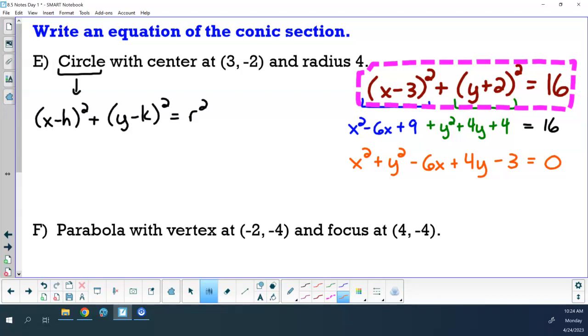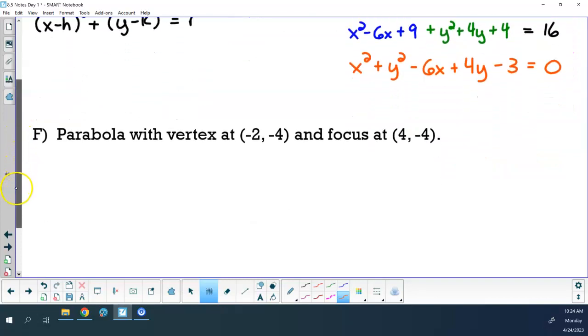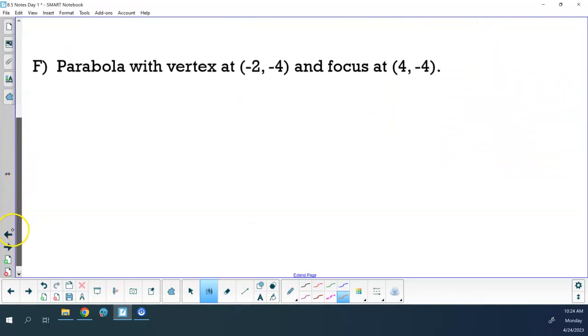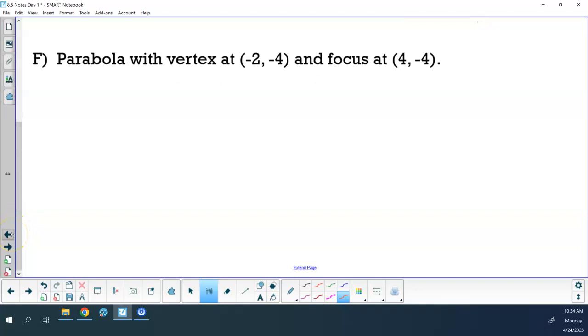So with that being said, now find me the equation of a parabola with a vertex at negative 2 comma negative 4 and a focus at 4 comma negative 4. So we've got a vertex at negative 2 comma negative 4, and then a focus at 4 comma negative 4.